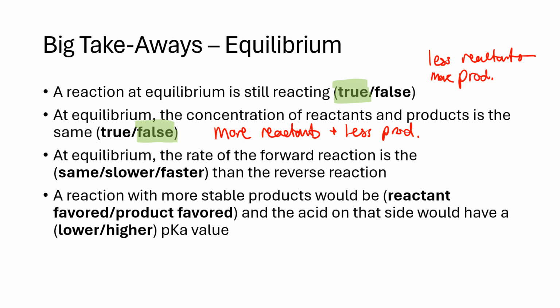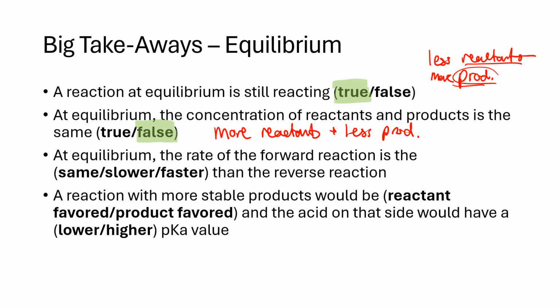We would say that that is product favored. The equilibrium lies to the right, but it doesn't mean that the concentration is the same. At equilibrium, the concentration of reactants and products is no longer changing. That's the difference.